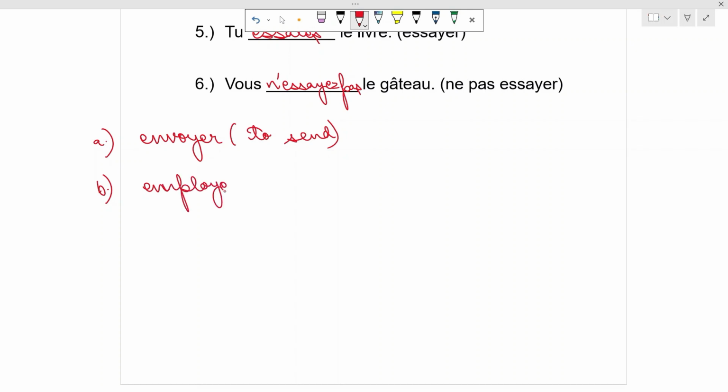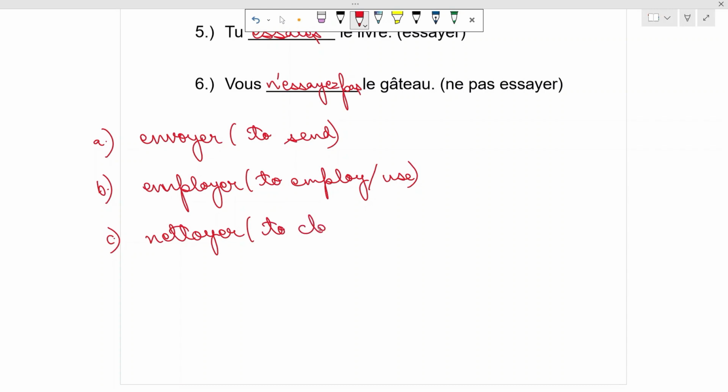Employer, which means to employ or use. The third one is nettoyer, which means to clean. Make the conjugation of these 3 verbs in affirmation and negation.